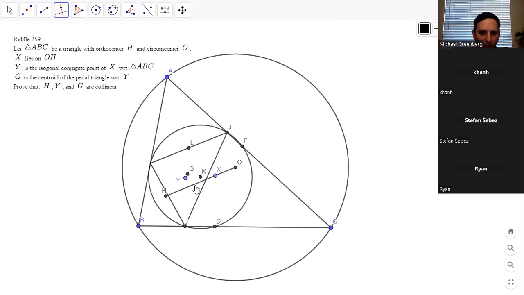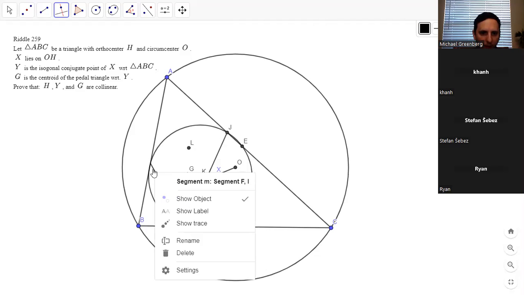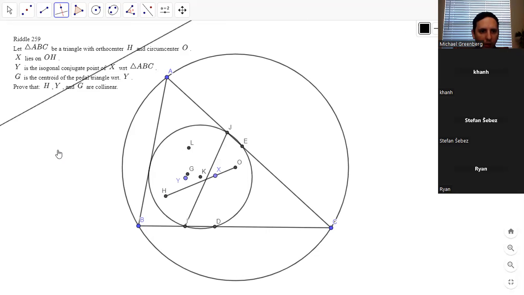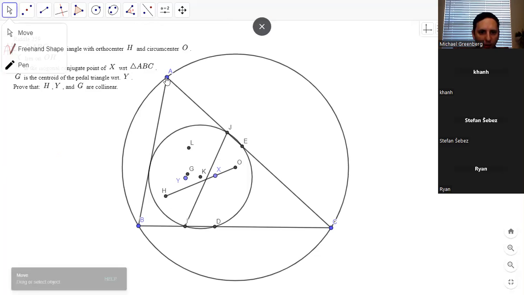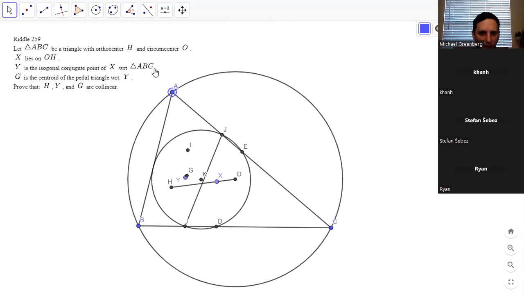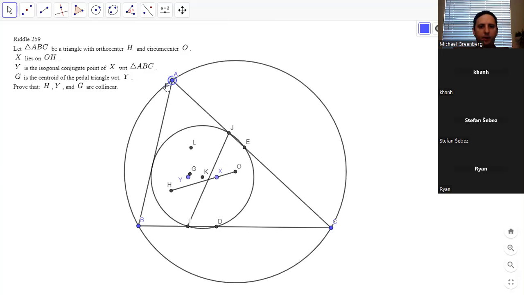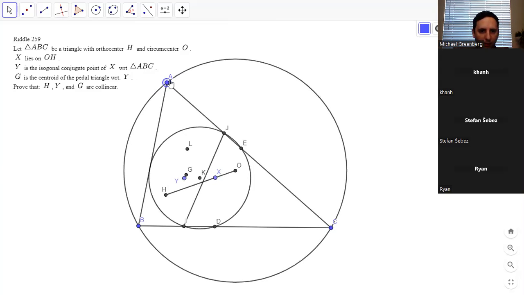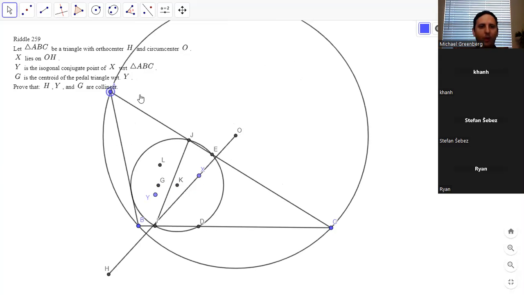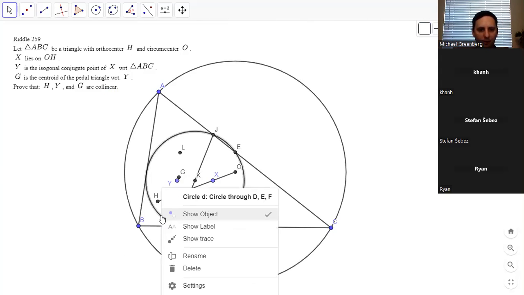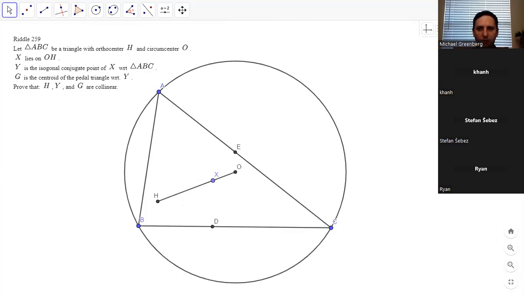Okay, so F is wrong. Well, F should be the perpendicular from Y to BC, right? Oh no, you're right. So this is not.